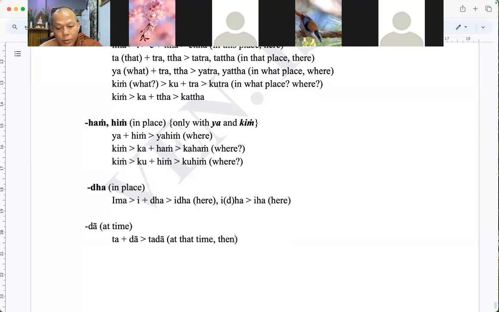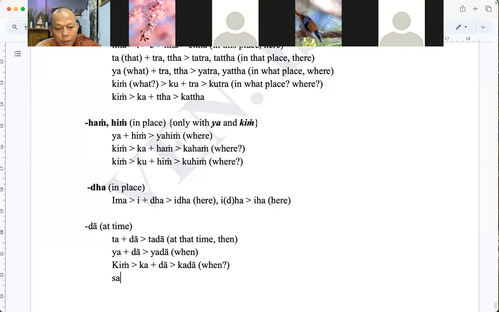But then also the same way, ya and the da. So yada also means when. And then ka-me changes to the ka, and the da. So gada also, a question word, asking for the time.